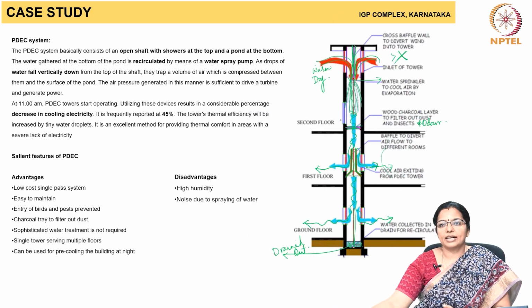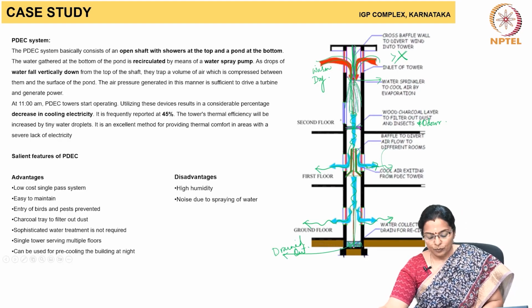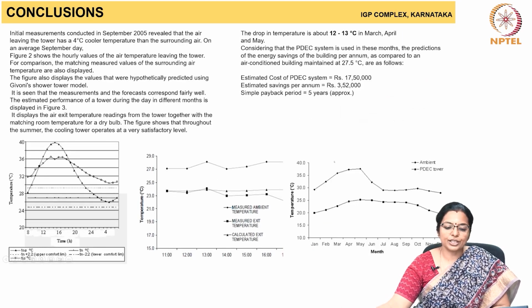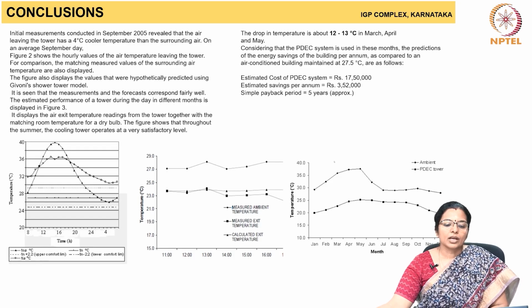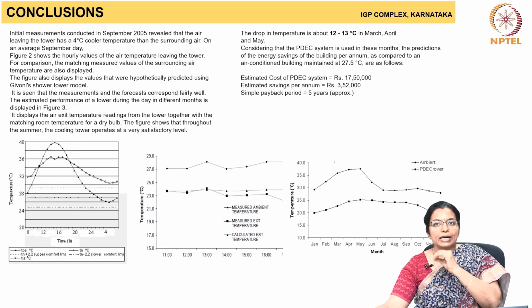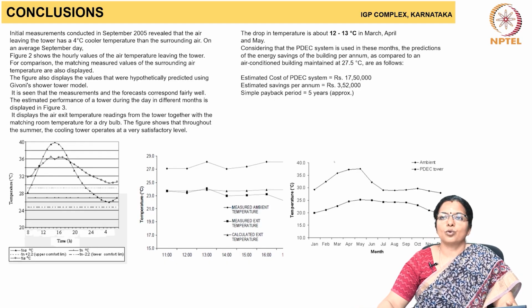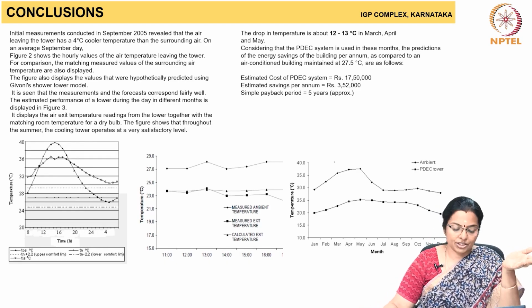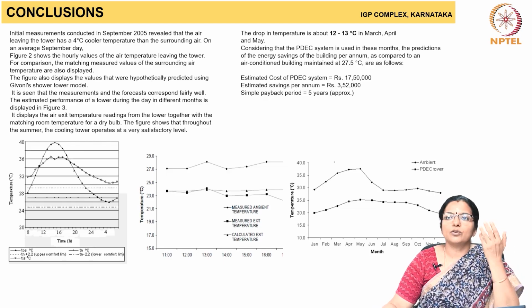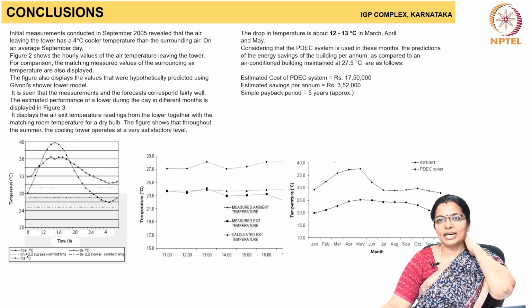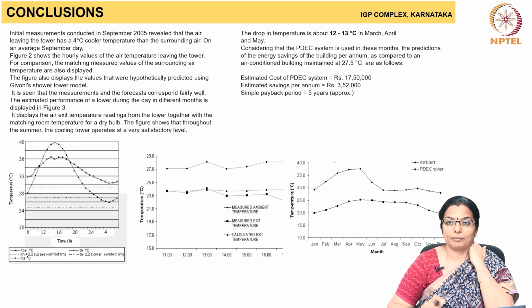So this is a great method for providing thermal comfort in areas where electricity is also an issue. Measurements were conducted in September 2005, which showed that the air leaving the tower is at least 4 degrees centigrade cooler than the surrounding air. This happens on an average September day.